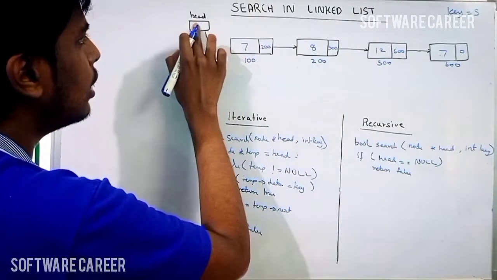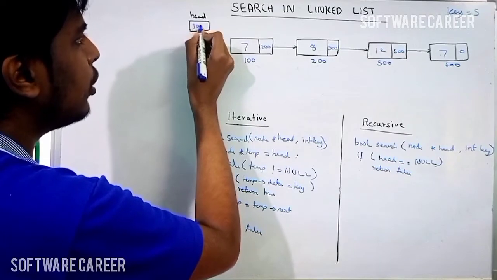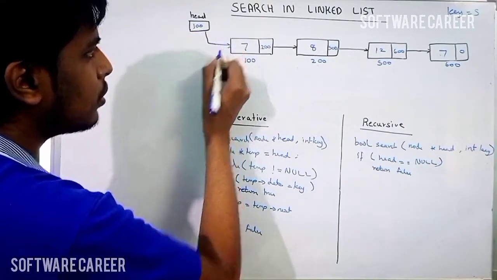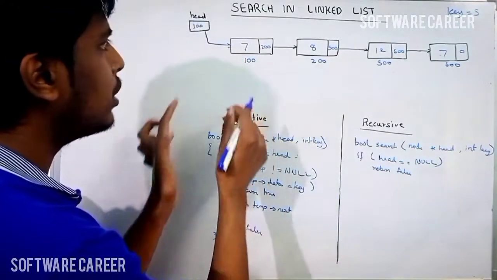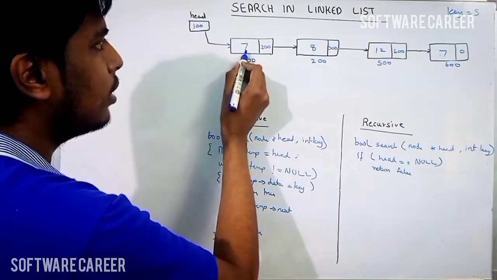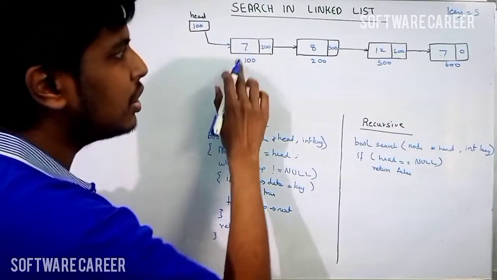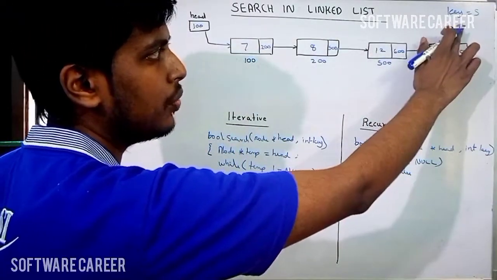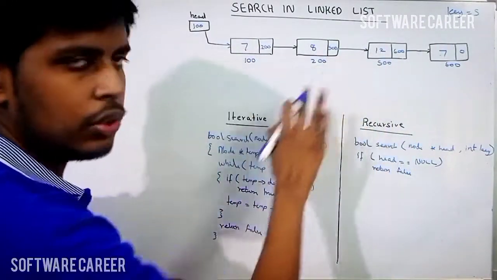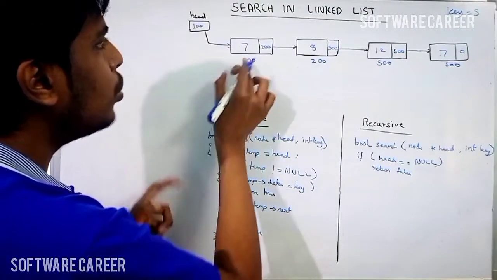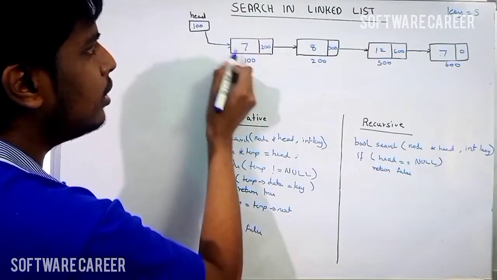Now see the next condition. Now this is pointing at 100, the first node. First you will check head data, that is 7, the data part of the first node. You will check whether 7 is equal to this key, 5. It's not equal, so that condition I am writing. See how you can access the data part, head data.